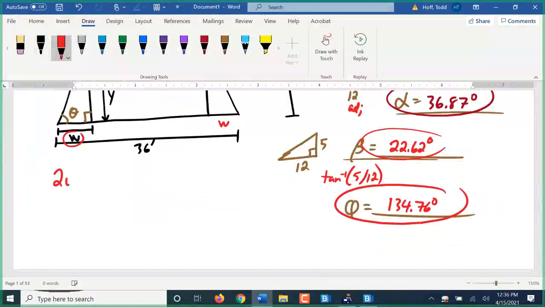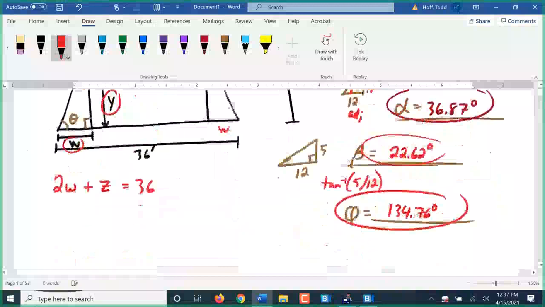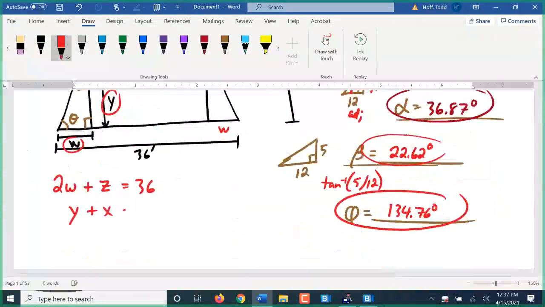In other words, 2W plus Z adds up to 36. We also know that Y plus X adds up to the 13. We have 4 variables here, though, which means we would have to have 4 equations. We only have 2 so far. The other 2 are going to come from our slopes.